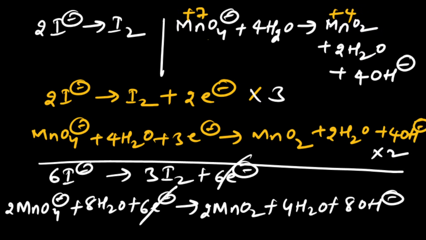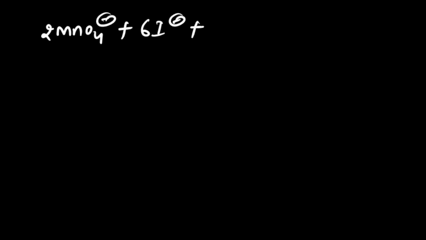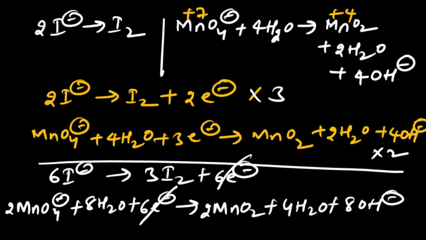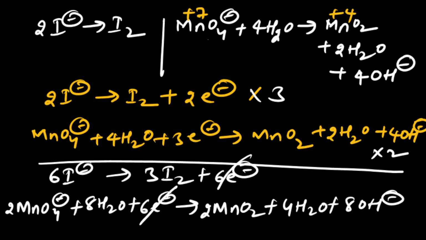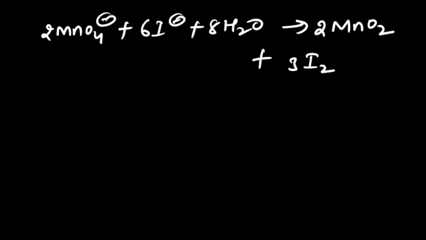Then if you add, the final equation you will get is 2MnO4 minus plus 6I minus plus 8H2O gives rise to 2MnO2 plus 3I2 plus 4H2O plus 8OH minus.